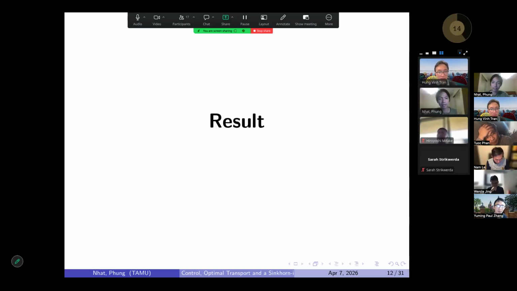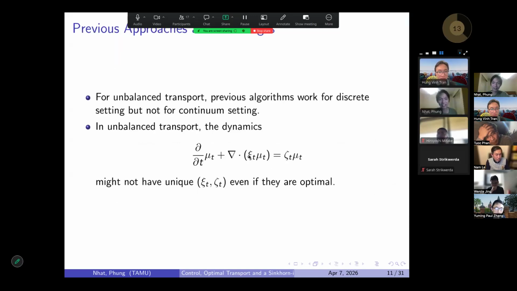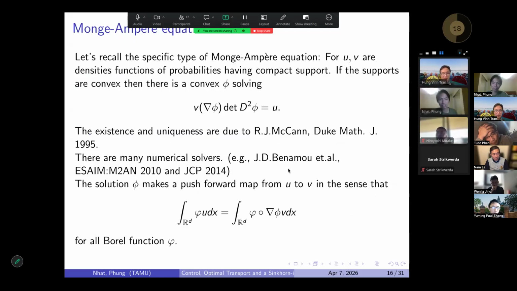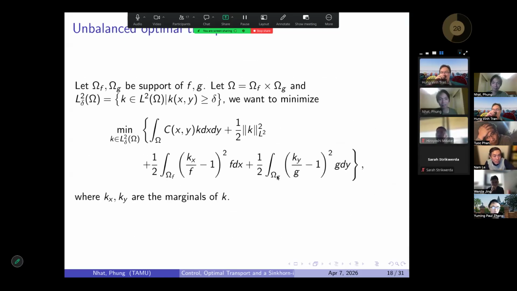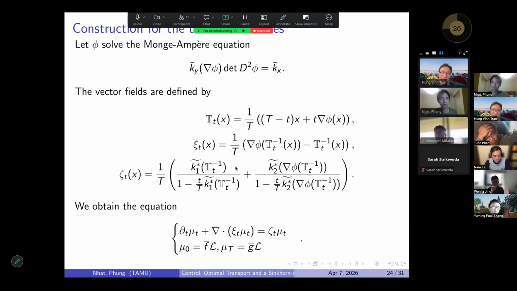Yes, the uniqueness is in here. We might have a different vector field and zeta to have the transport from F to Z. But here we have to specify that the construction should follow this form, and we're not going out of this form.